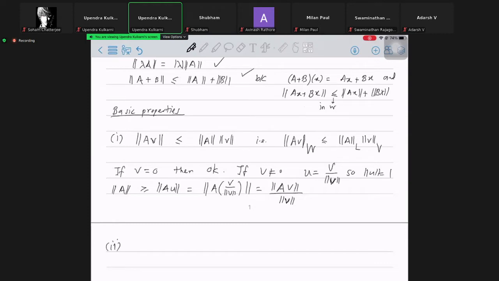Okay, so number 2, which is really a formalization, just saying this in other words. So Av, for all v. Suppose M is a factor that works for all v. What should be the connection between the norm of A and the constant M?